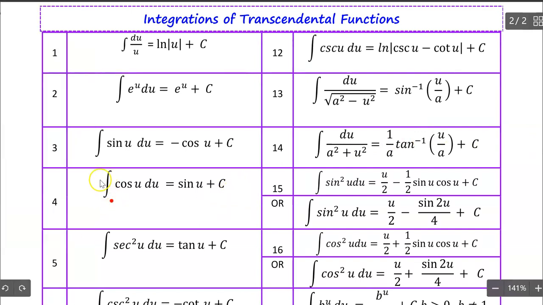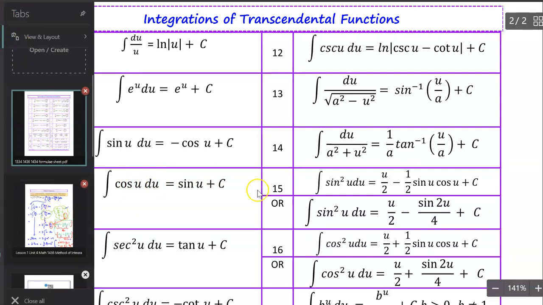The integral of cos u du equal to sine of u plus c. So the argument will become your u. In this case, the u that you are going to figure out is the argument of your cos.